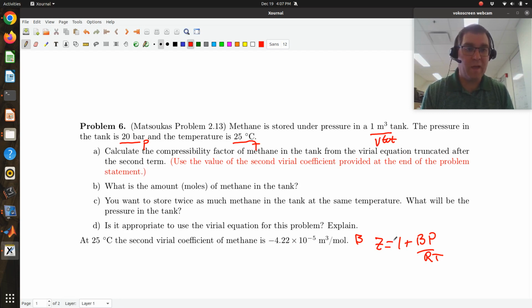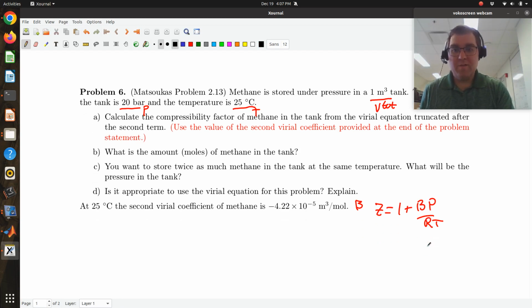For an ideal gas, Z is equal to 1. So the virial coefficient's application is extremely limited. It's useful only when we have small deviations from the ideal gas equation of state. So the form that we'll use in this problem is Z is equal to 1 plus BP over RT, which is the form used in the book.